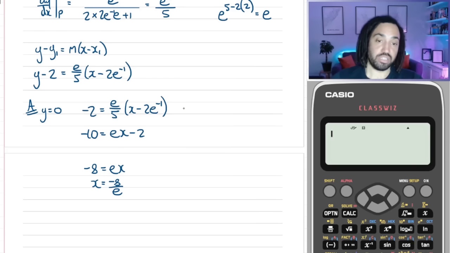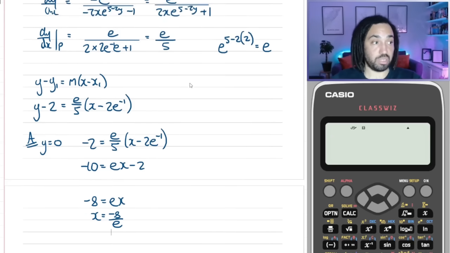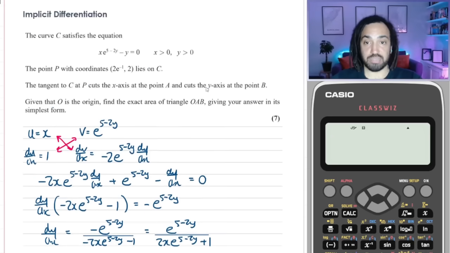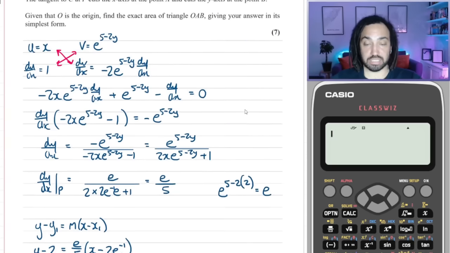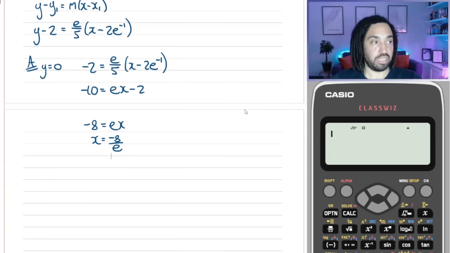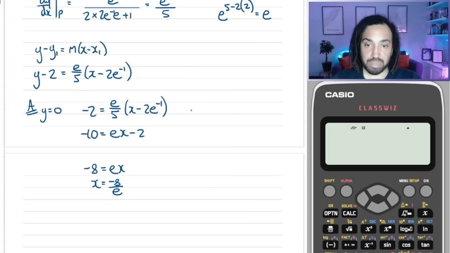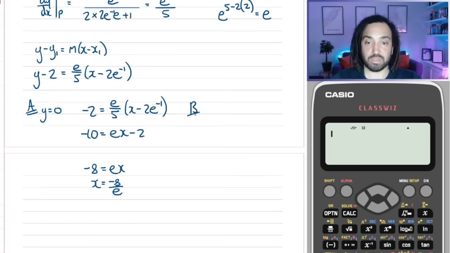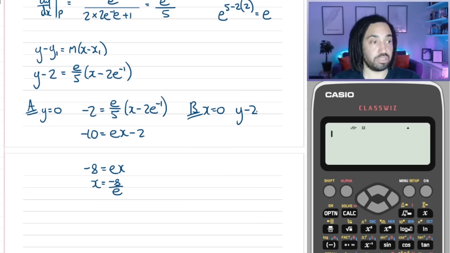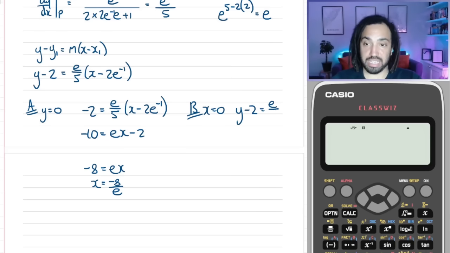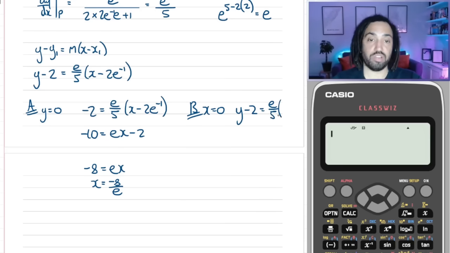Okay, great. So now let's use this tangent to work out B, because it said that at B is where it cuts the y-axis. So at B, we have that x equals 0. So sub that into the tangent formula, gives us y minus 2 is equal to e over 5. X is 0, so that's just minus 2e to the minus 1.